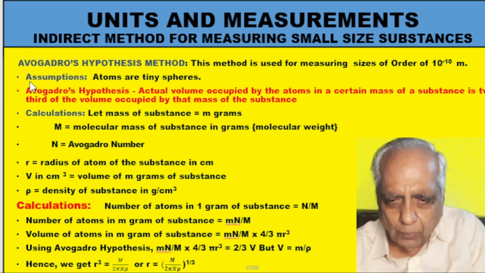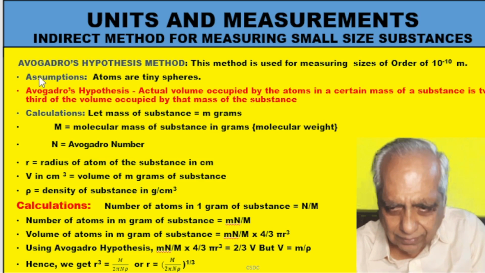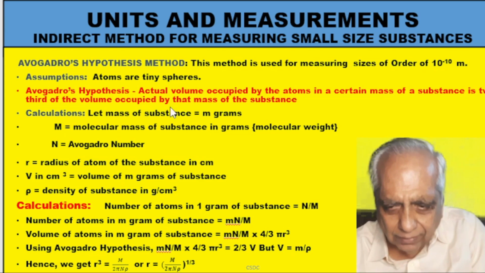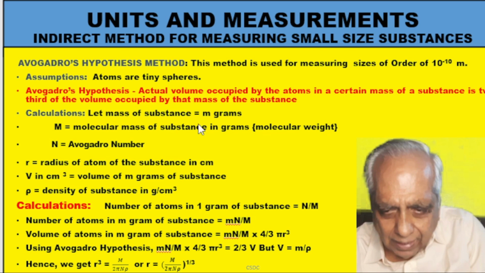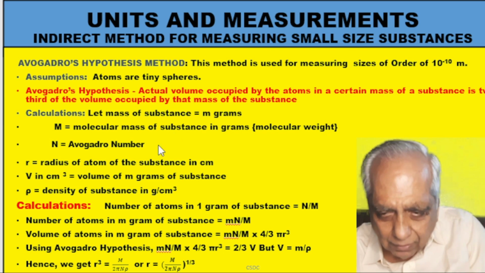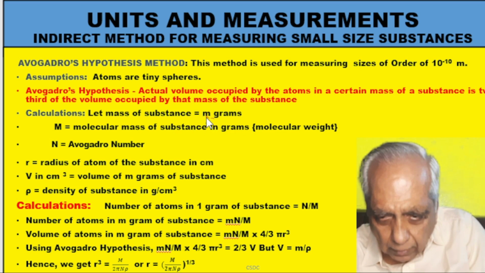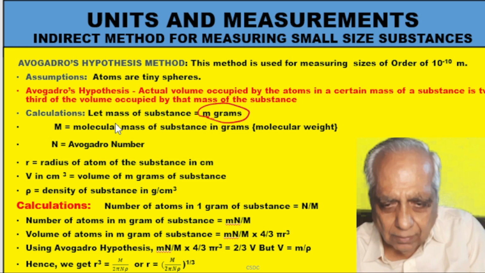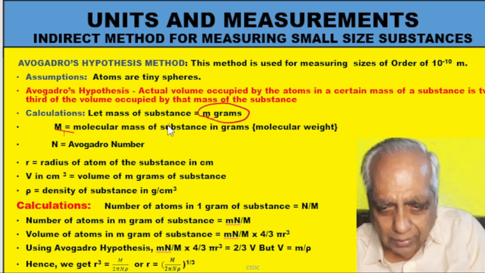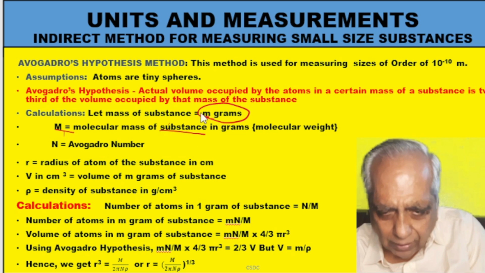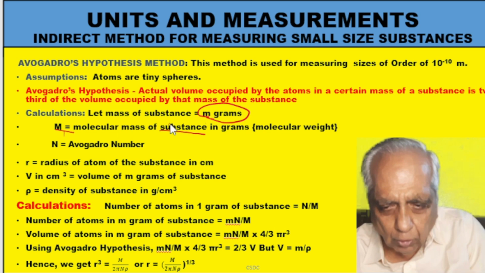Here we are assuming that atoms are tiny spheres. So we are taking m gram of the substance. Small m gram is the mass of the substance, say any acid or any substance, and capital M is the molecular mass of the substance.